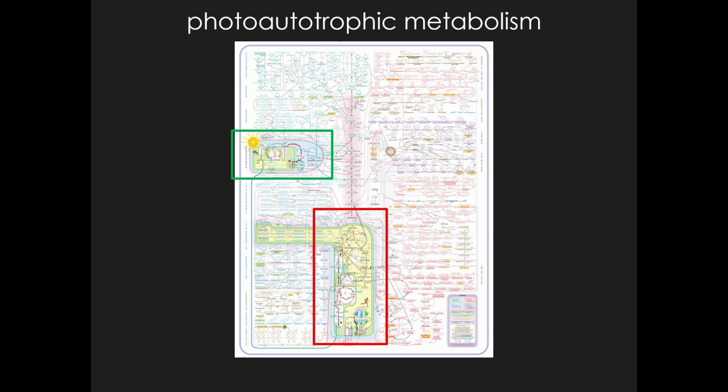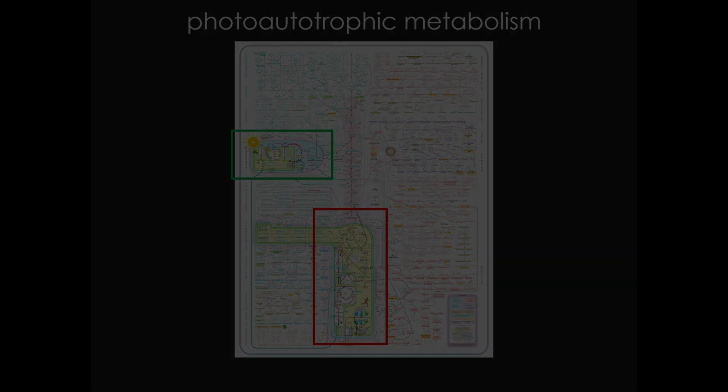The red box encloses the primary catabolic pathway of glycolysis, the Krebs cycle, and the electron transport chain, and the green box encloses the primary anabolic pathway of photosynthesis. And so in spending 2 lectures talking about this information, we haven't really scratched the surface of all of the different things that every organism can do.